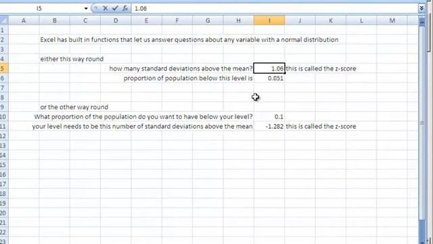That's the z-score, and using the built-in formula in Excel, NORM.S.DIST of 1.06, it looks up that number and gives you the answer 0.855.